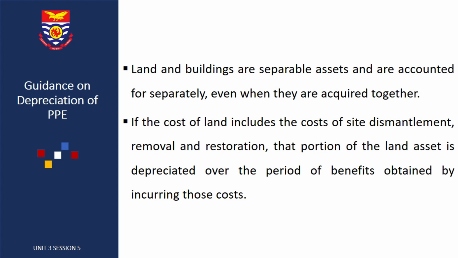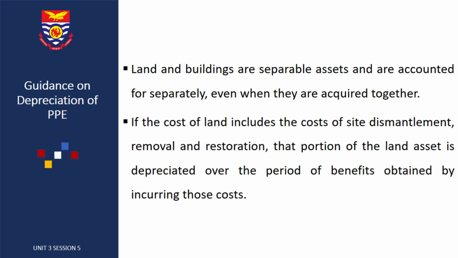So the question will give you the land component or the building component. If one component is given to you, just subtract it from the total amount of the land and building and then use the other for the working. The emphasis is on the building because you are looking for the building amount to depreciate. The land, you don't depreciate it.